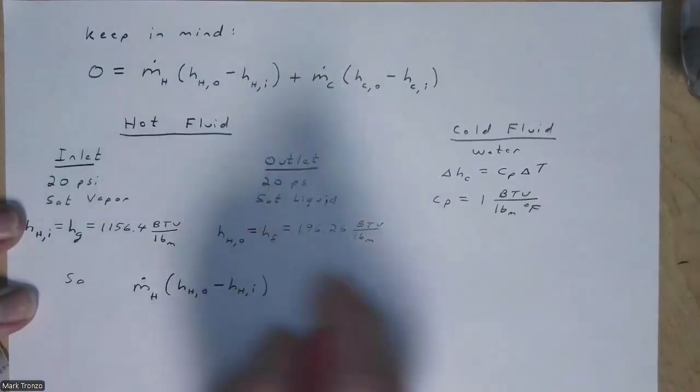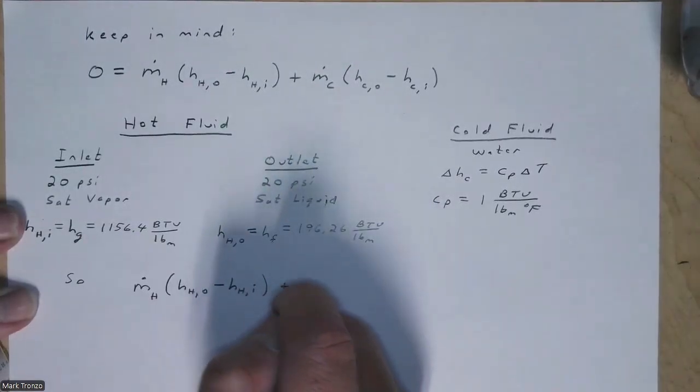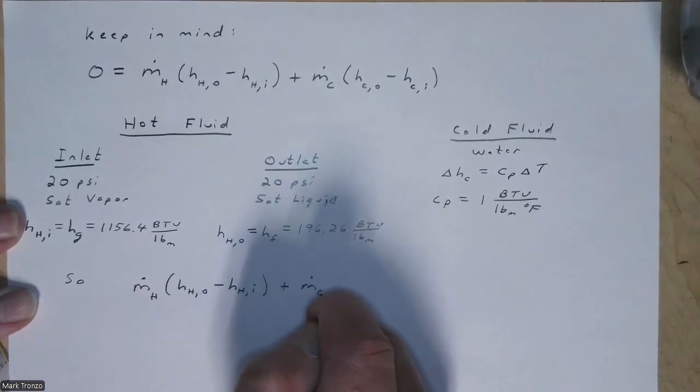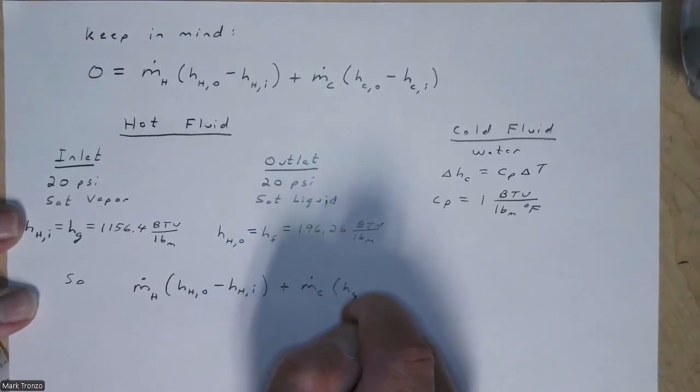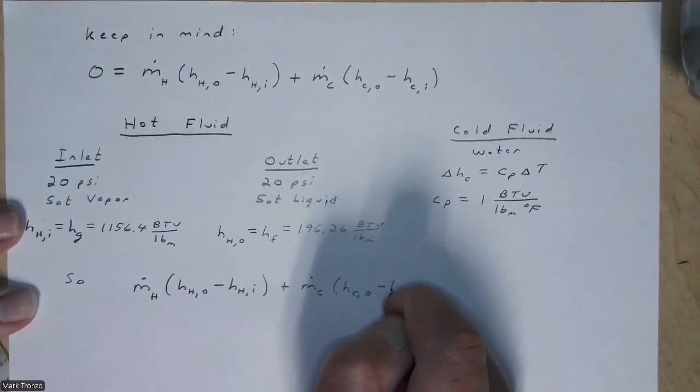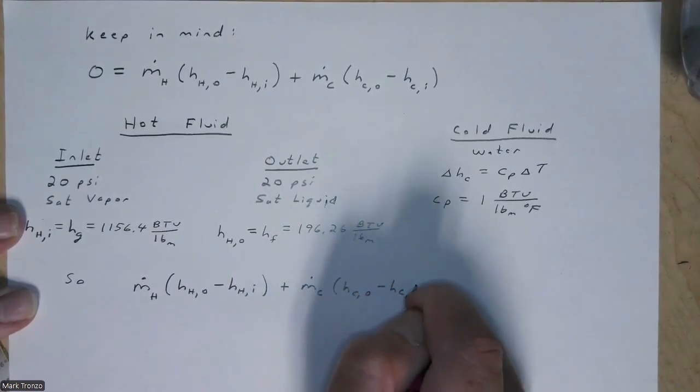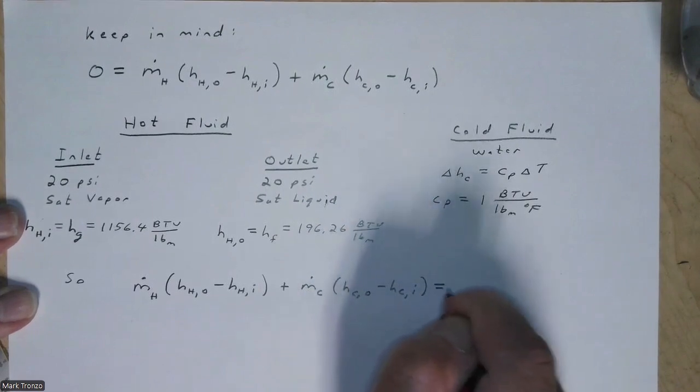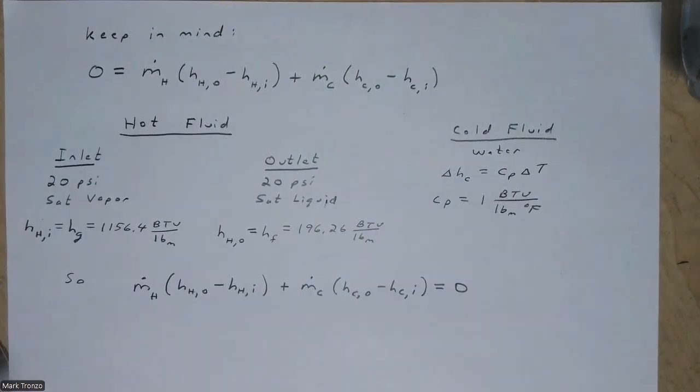Again, this is all equal to 0 plus m dot c times h c out minus h c in, which equals 0.